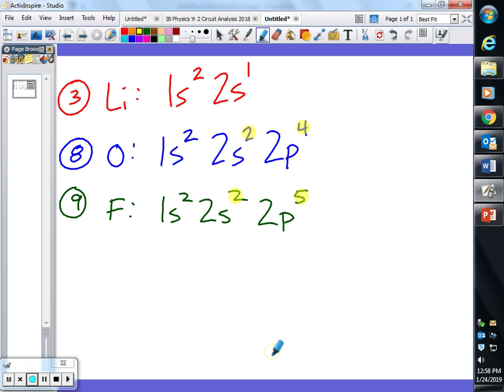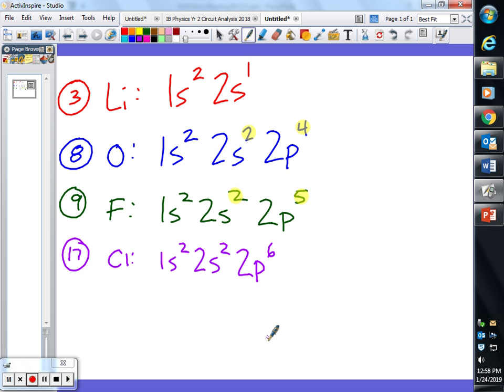Good so far? Okay. Next one on your list, chlorine. How many total electrons for chlorine? 17. Okay? The first 2 go here. The second 2 go here. The next 6 go here. Now we're up to how many? Up to 10. Okay?